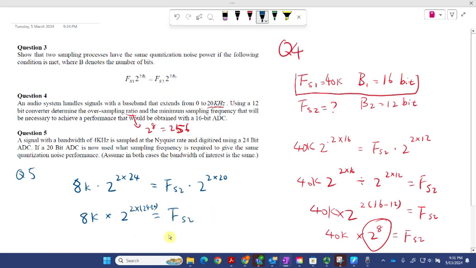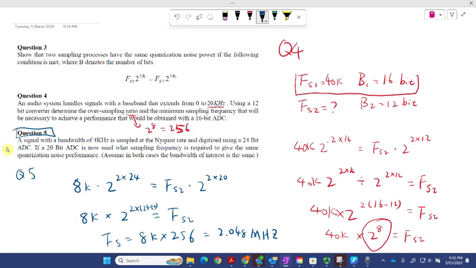So fs is just 8k multiplied by 256, and the answer is 2.048 megahertz. Okay, that's question 5. The conclusion we got is that if you don't have a large number of bits in the ADC, you need to oversample very significantly.